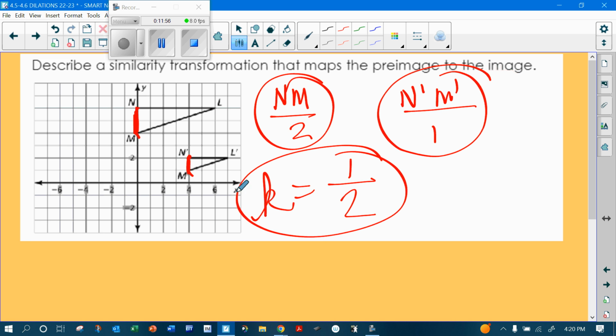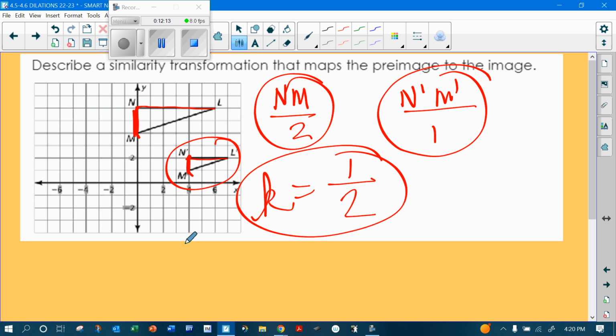Okay, so describe the similarity transformation that maps the pre-image to the image. It is half the size, and you can double check: 1, 2, 3, 4, 5, 6, 1, 2, 3. This one is half the size of this one.